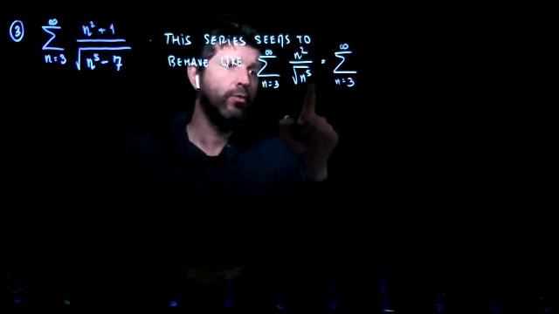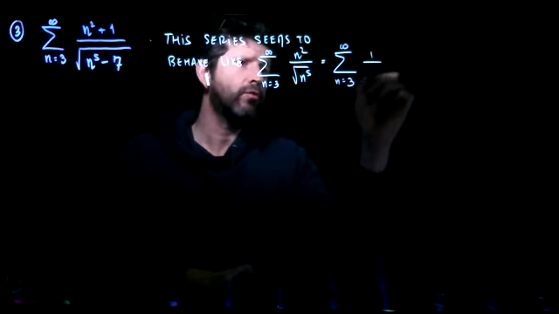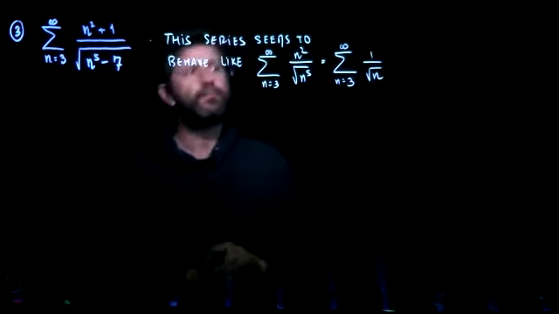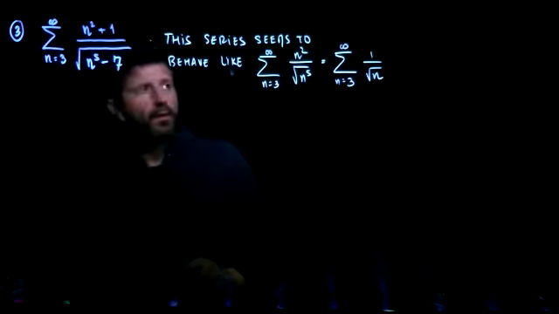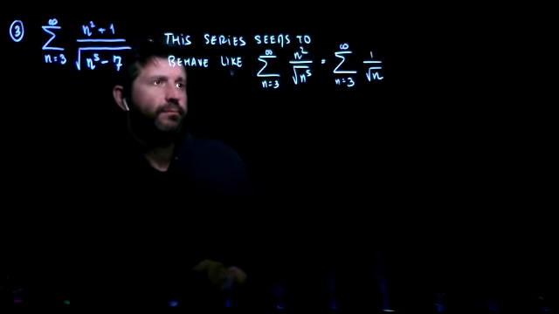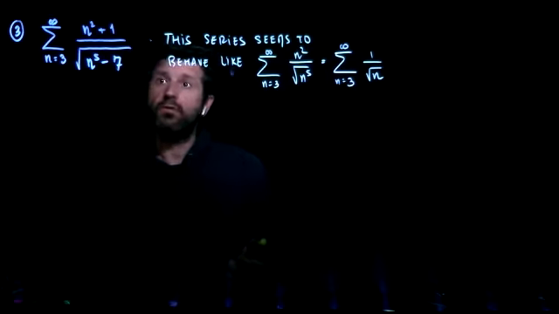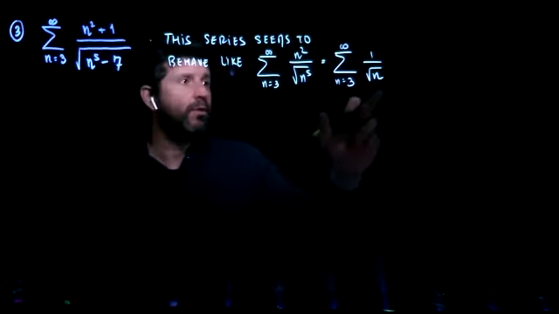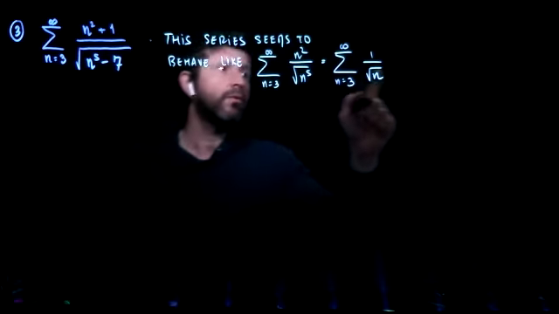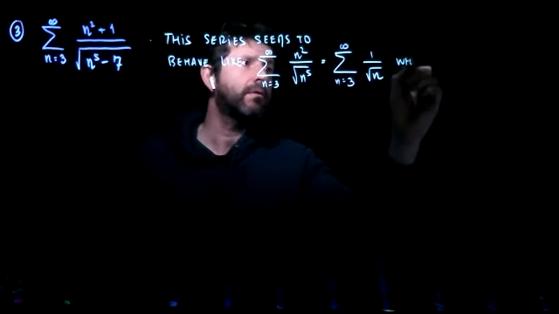So 2 minus 2.5 is minus 1/2. So it's 1 over n to the half. So this is what I'm going to compare it to. And which diverges, right?